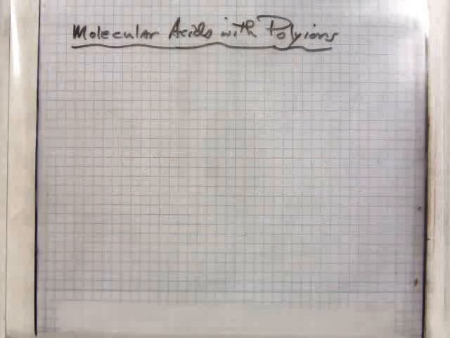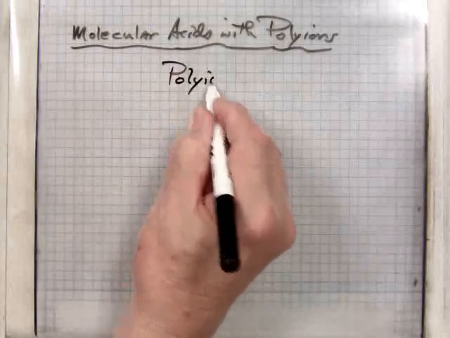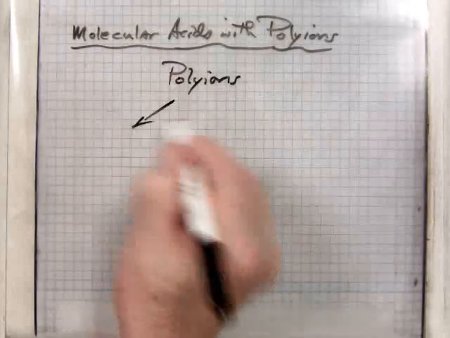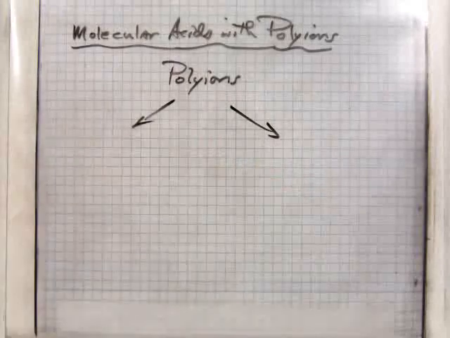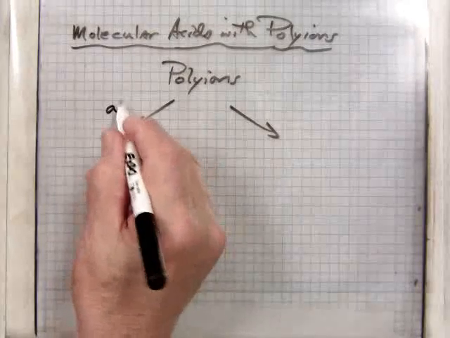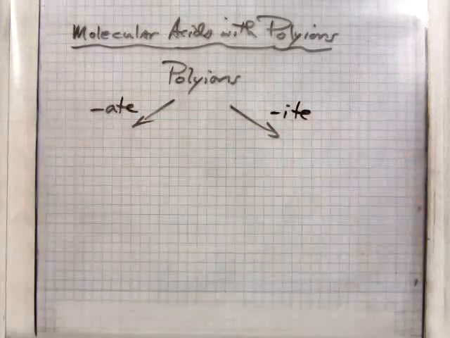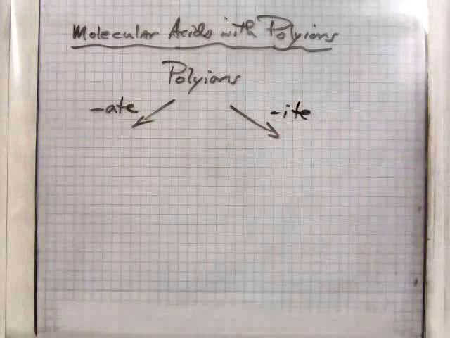Okay. Molecular acids with polyions. The polyions that we're working with are broken down into the endings. As you see, they're either given in an ATE ending or an ITE ending in the nomenclature of the polyion.